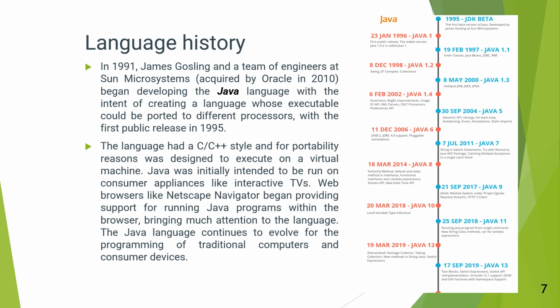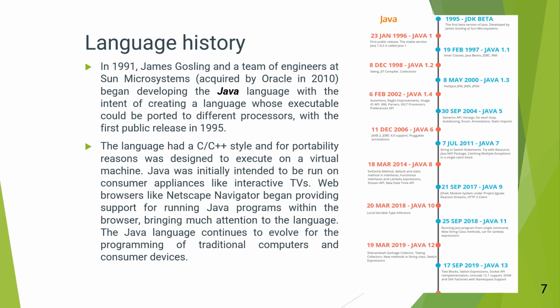In 1991, James Gosling and a team of engineers at Sun Microsystems began developing the Java language with the intent of creating a language whose executable could be ported to different processors. So Java is considered to be a portable language. We can write in any system, and we can run in any other different system. It is a platform independent language.